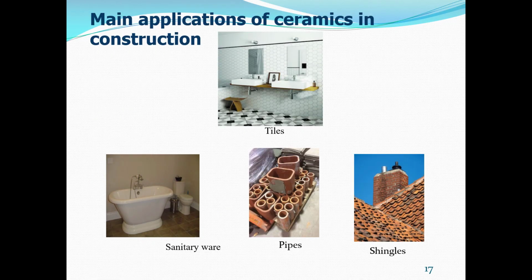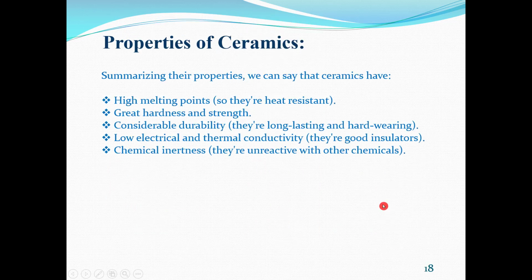These are the various applications where we are using ceramics. We have seen ceramic tiles and ceramic sanitary wares. The bathtub or even the wash basin, these materials are ceramics. We are also using it for pipes and shingles nowadays.